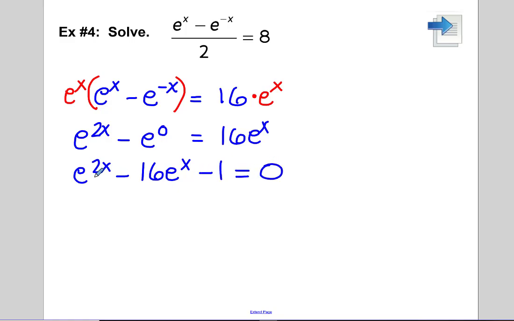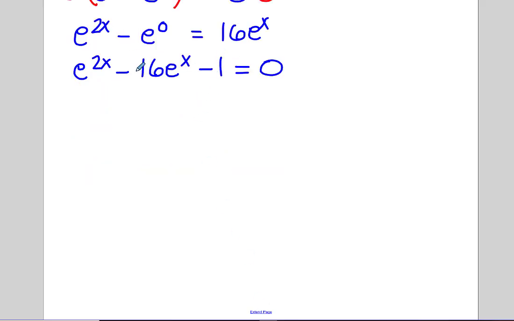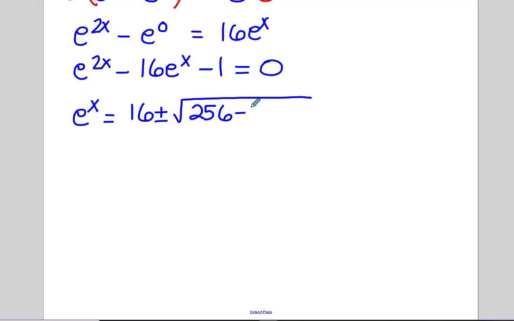So again, we have a quadratic type, but we can't factor, there are no factors of 1 that add up to negative 16, which means we're going to use the quadratic formula, but we're going to solve for e to the x because this is our variable term. So quadratic formula says the opposite of b plus or minus the square root of b squared, that would be 256, minus 4 times a is 1, and times c is negative 1.